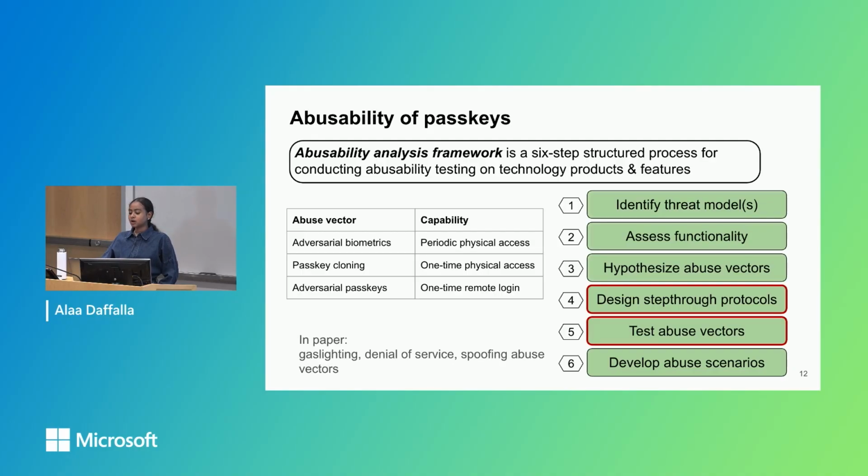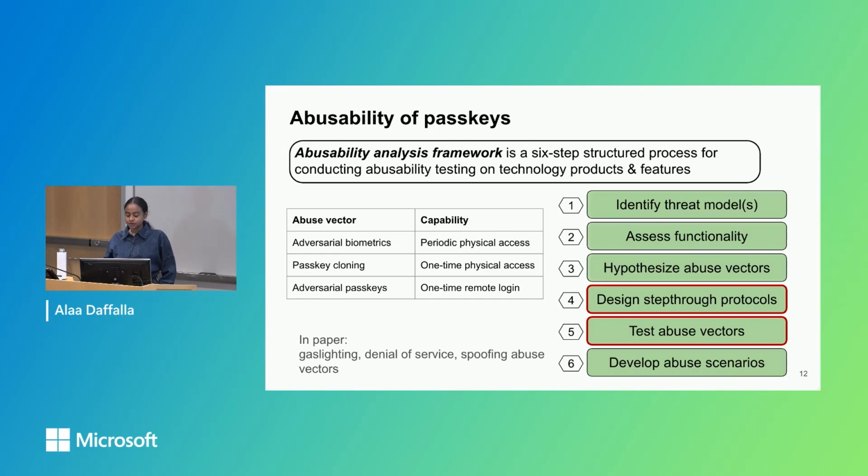So following the hypothesis of abuse vectors, in step 4 and 5, we design step-through protocols, which are detailed step-by-step guides for testing the hypothesized abuse vectors. A protocol simulates both victim and adversaries' actions related to a specific abuse vector.